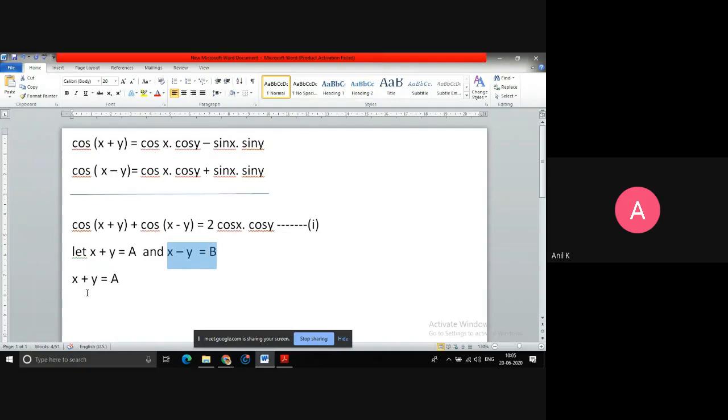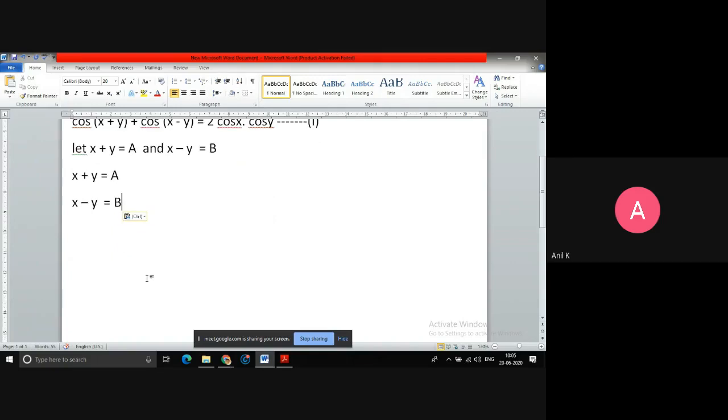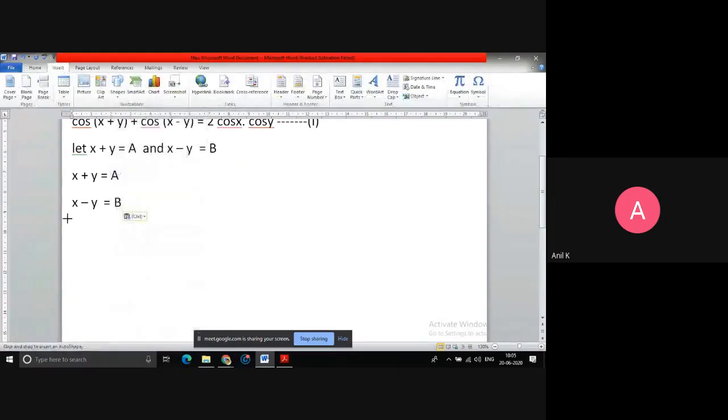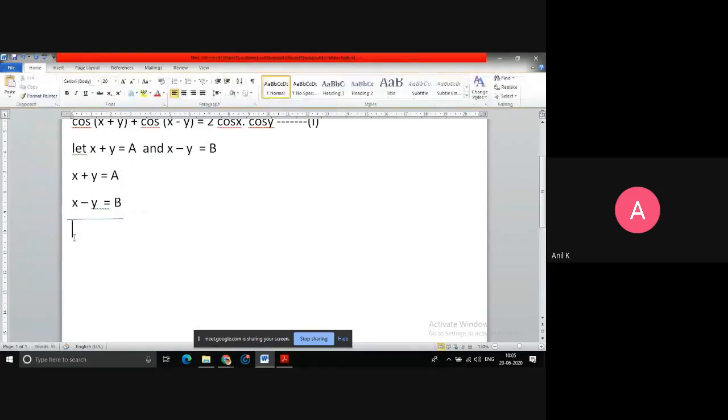So if I solve them, these are the equations I got. Let me draw a line here. What do you get if I solve these two pair of linear equations? x plus y equals a, one equation, x minus y equals b, another equation. When I add them, plus y minus y both get cancelled.